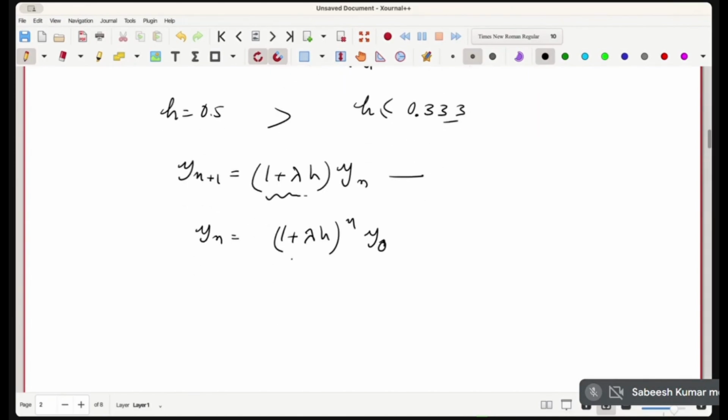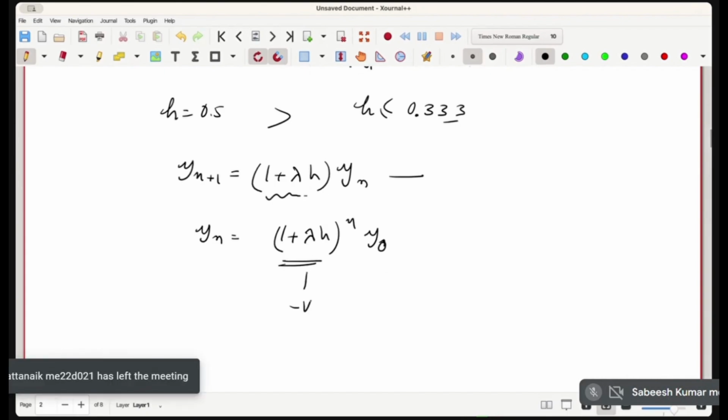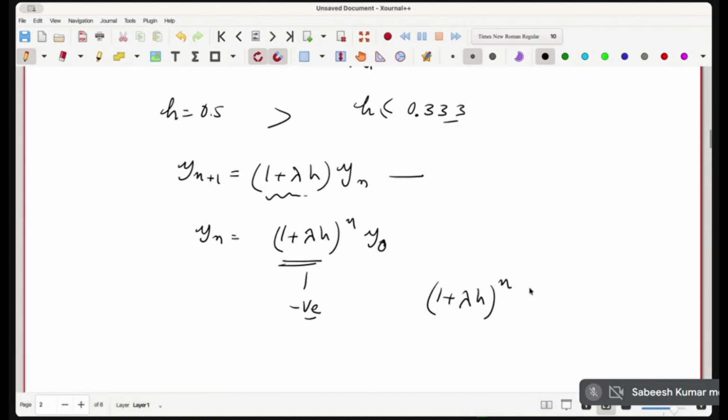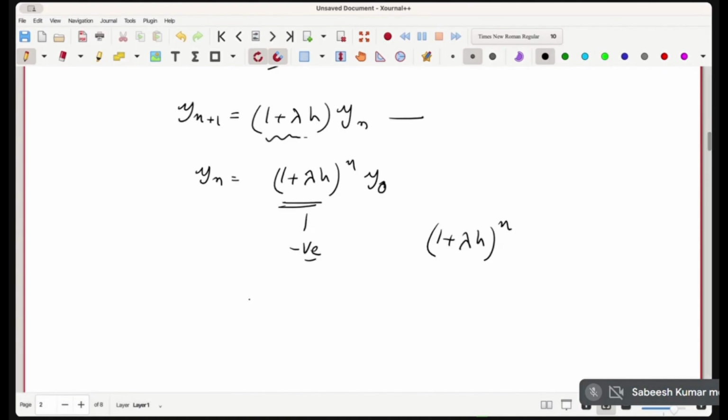When 1 plus lambda h is negative, what will happen to its n-th power? When n equals 1, 3, 5, and so on, for the odd values, y n will come out to be negative, because this is a negative value raised to an odd power.